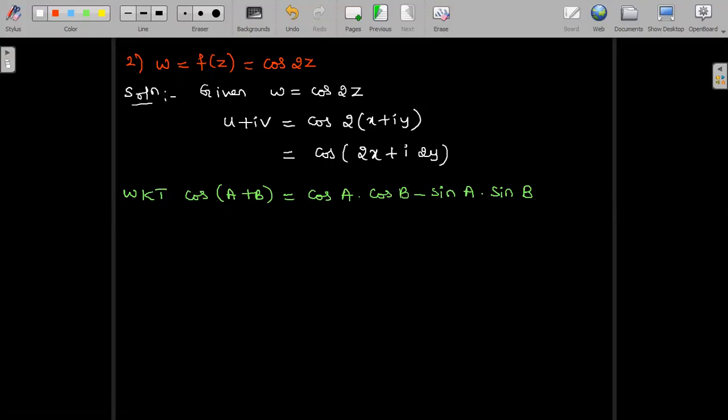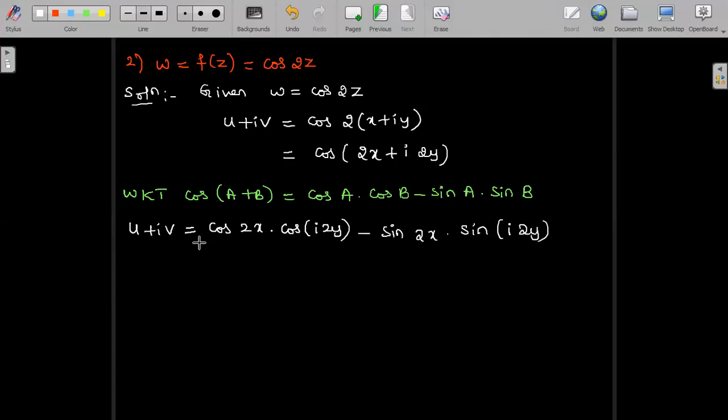So we will write down u plus iv once again. Therefore u plus iv can be written as cos 2x into cos of (i into 2y) minus sin 2x into sin of (i into 2y). So in place of b we have i2y.